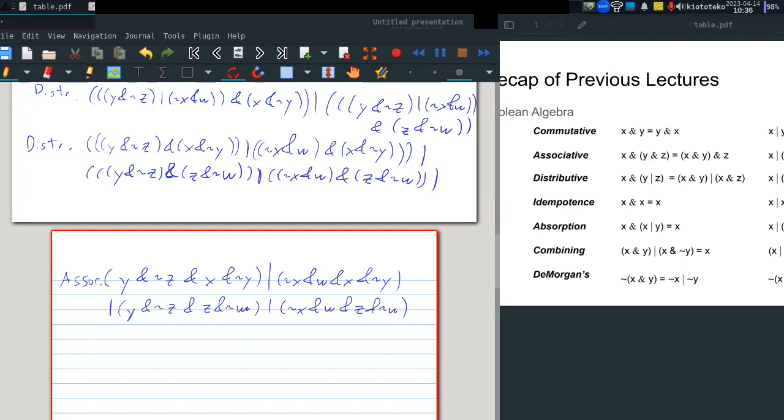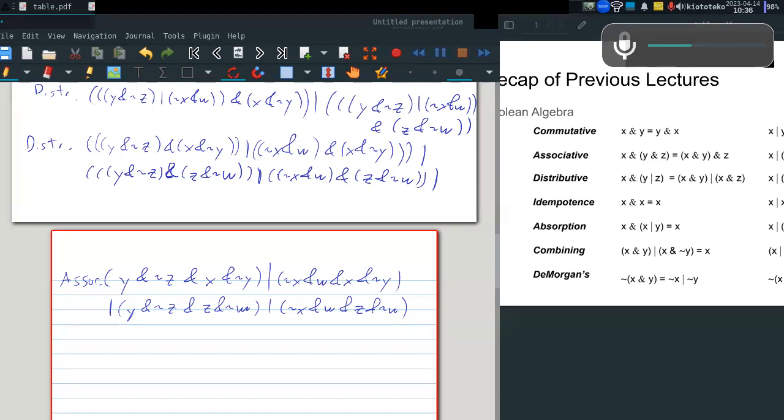Can we do anything else to simplify this? Is this the end? Because in the first term, there's a y and not y, it's going to be 0. And then it's similar in the second term. So if you remember our, what was it?